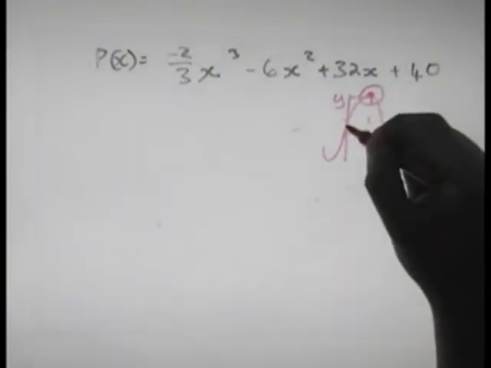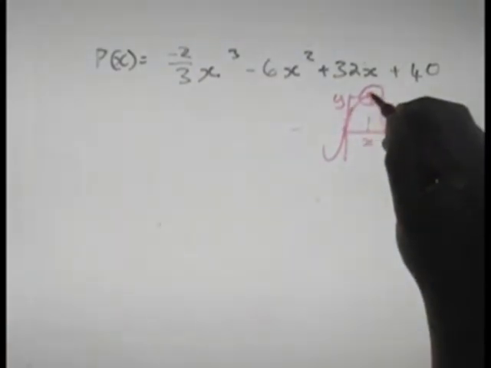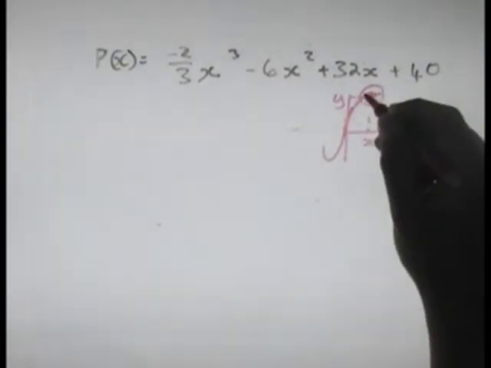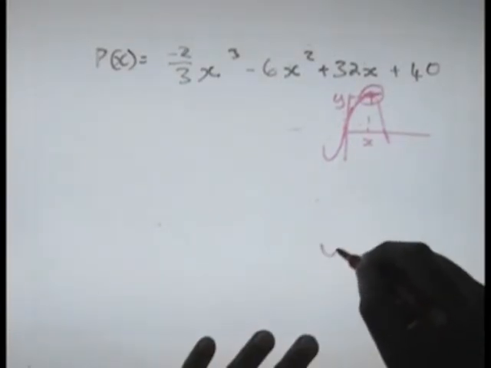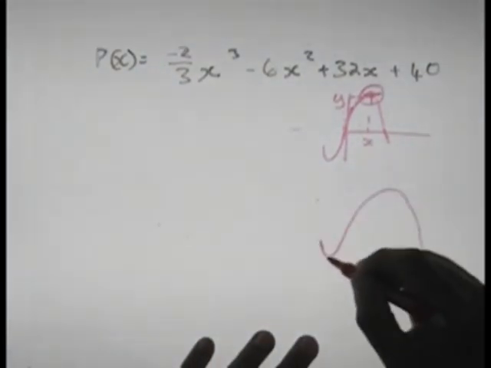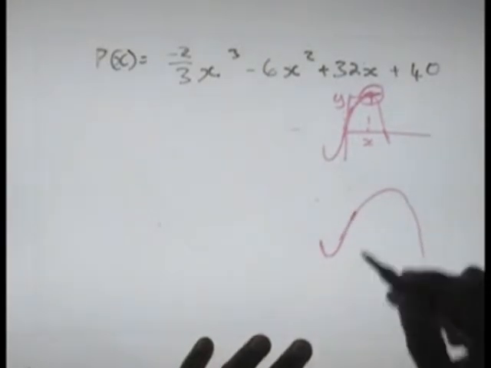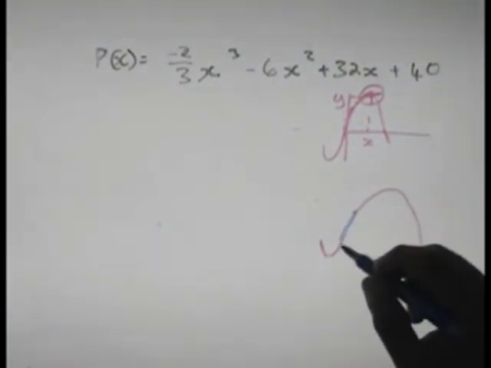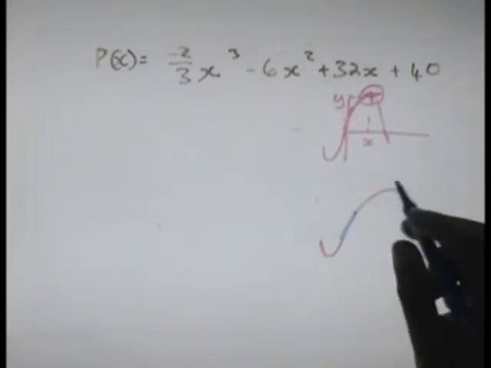Well, let's look at this. What happens to the gradient as it approaches that point? It's positive, but less positive, it's then 0. Right, let's just draw that a little bit bigger. Looking at our gradient here, it's quite a steep positive graph, which means that our profit is increasing.